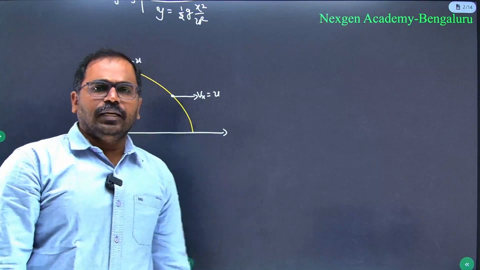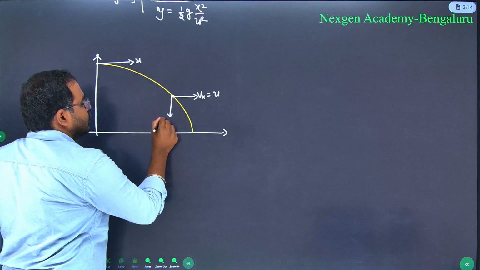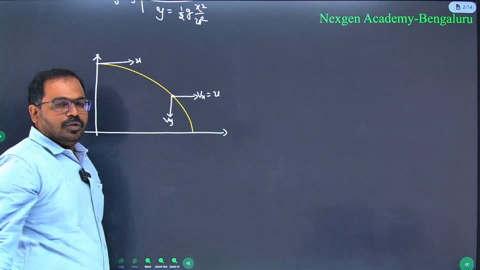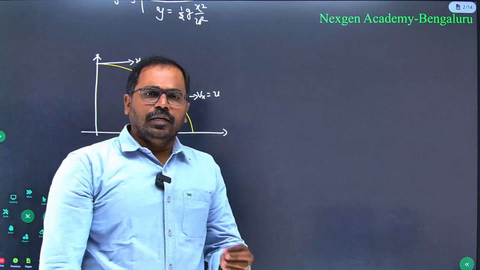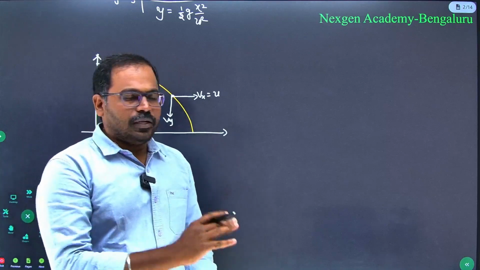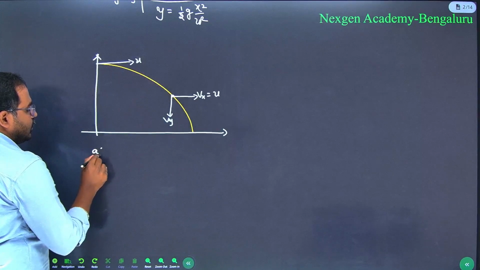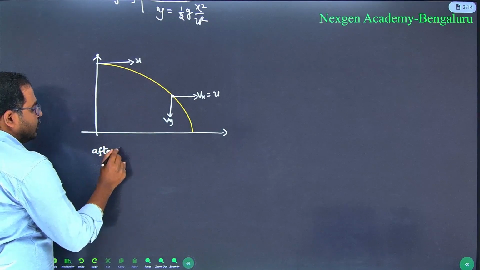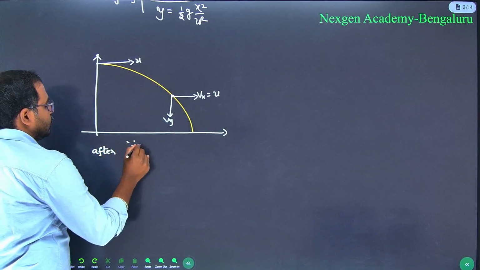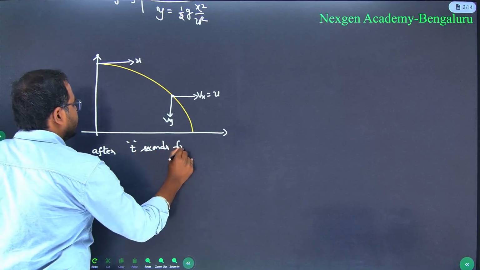When it comes to vertical component, this one changes because it is under acceleration. So what happens to vertical component? It continuously increases because of acceleration due to gravity.